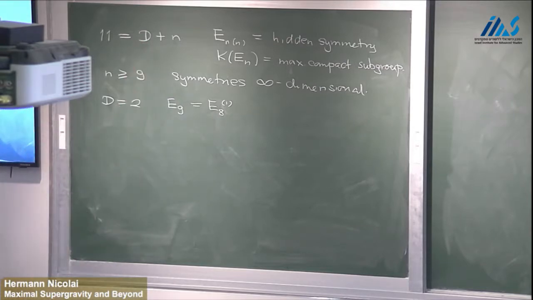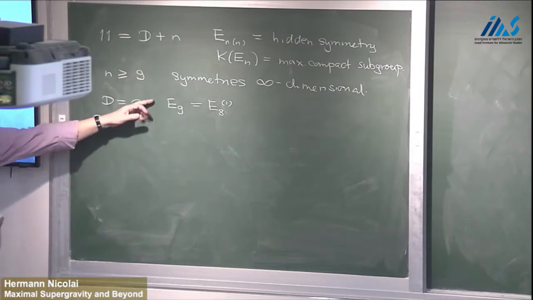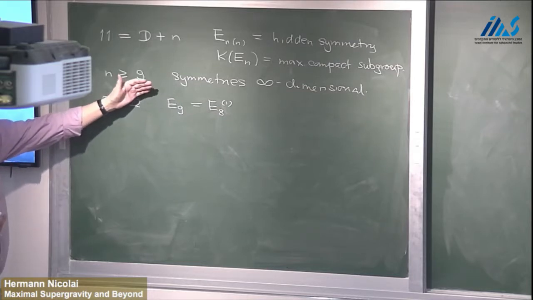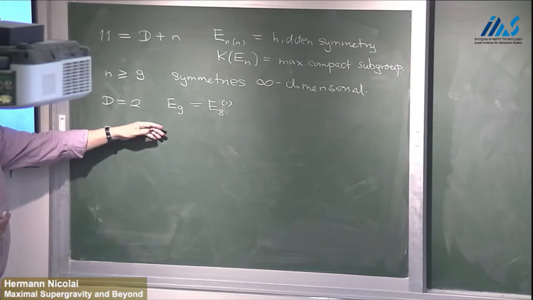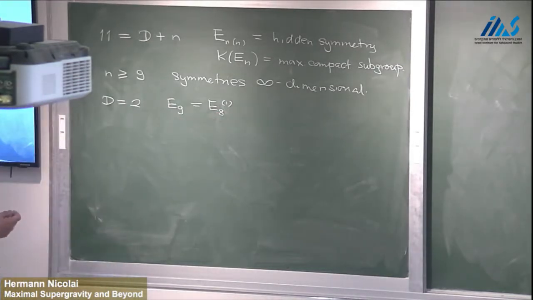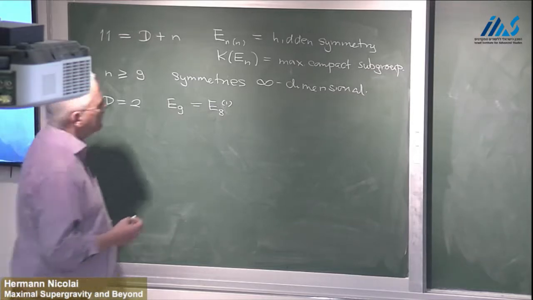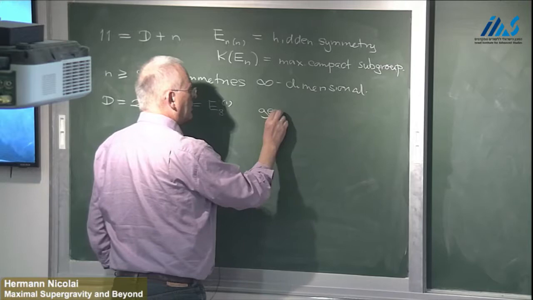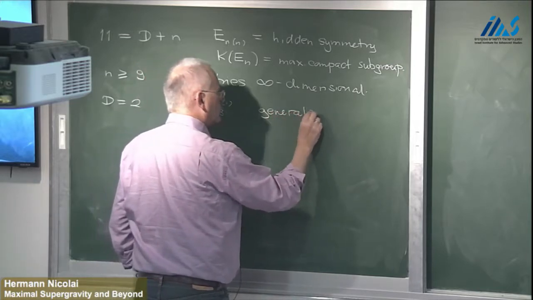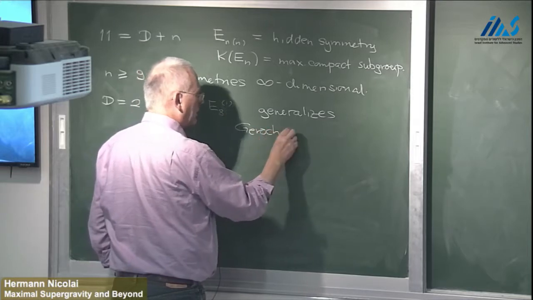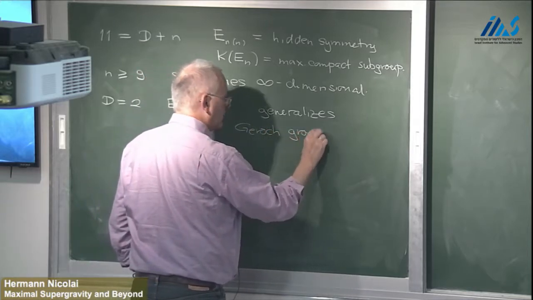In fact, it's a very general phenomenon that if you start from 3 dimensions with a coset space and you descend from 3 to 2 dimensions, what you get is always the affine extension of the symmetry in 3 dimensions. And this turns out to be a generalization of the so-called Geroch group, the solution generating symmetry group of general relativity.